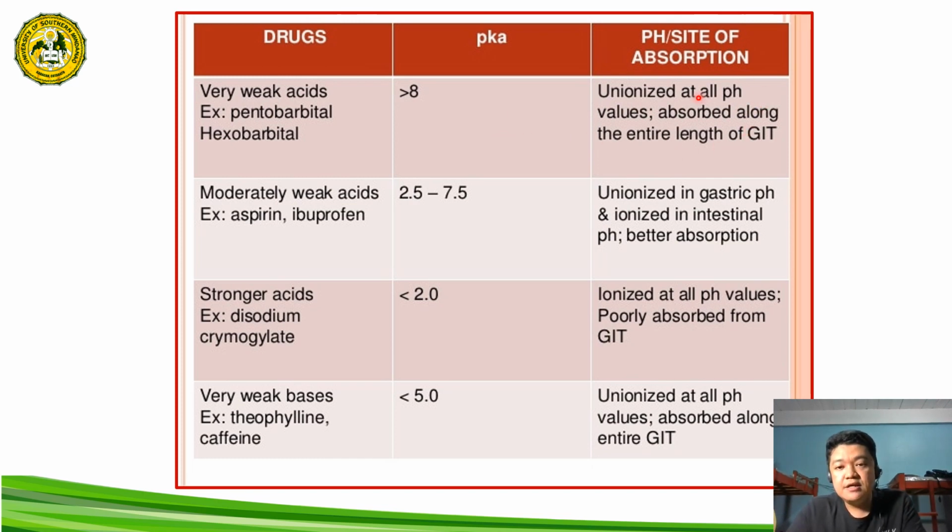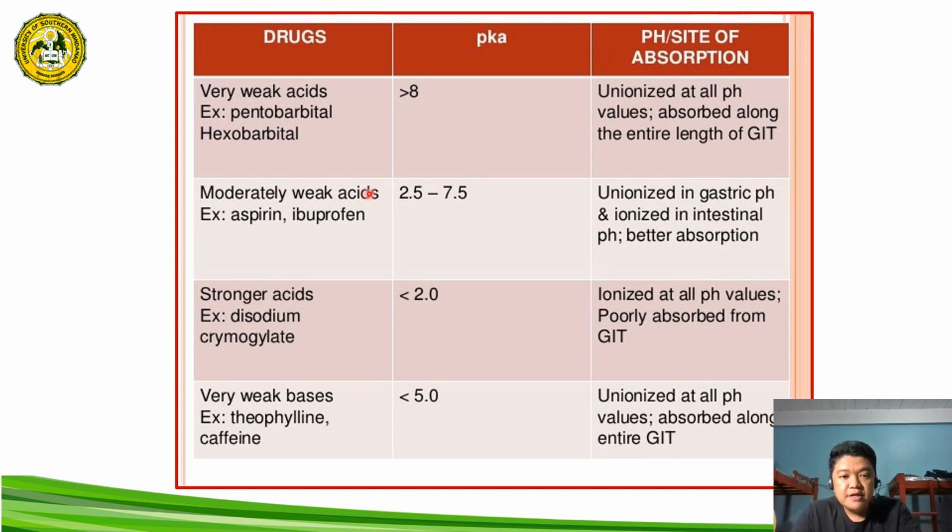Since the drug is unionized at most of the pH values, it will be absorbed along the entire length of the GIT. That is the effect of the pKa and the property of the drug, their pH, in terms of their absorption.